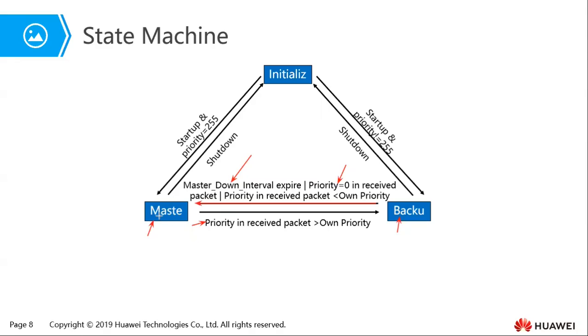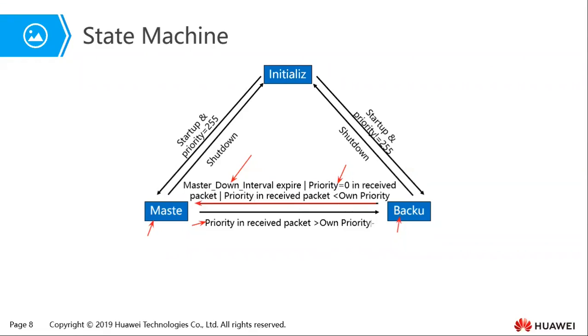When you disable VRRP on the master, it will immediately send a VRRP packet with a priority of 0, meaning I've left the group, so that these ones can now elect a new master. That is the scenario where a master can send a VRRP packet with a priority of 0.